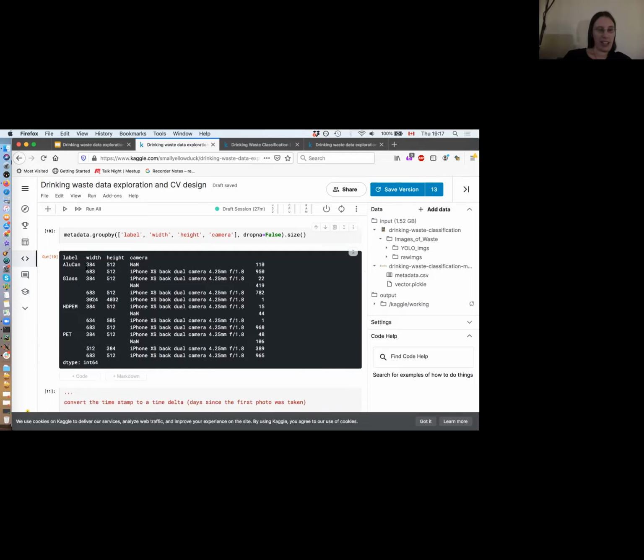So let's see, all of these are the same aspect ratio. Let's see if there's another set of images where the width is not 384, whether it's 512. So here, for the PET images, there's some images where instead of taking the photo in landscape mode, the camera was flipped around and it was taken in portrait mode. And so just knowing that allows you to make a perfect prediction about which item you have just by knowing the aspect ratio of the camera.